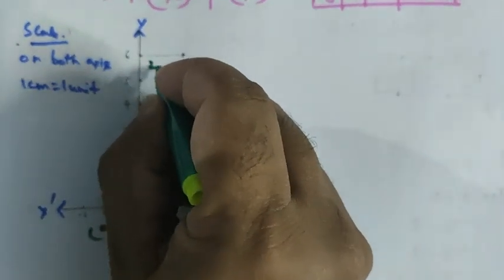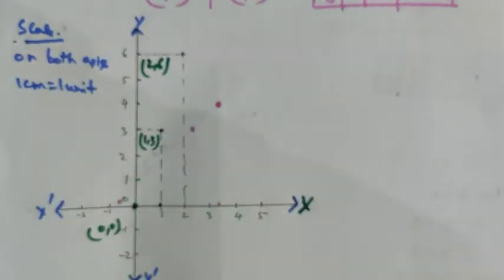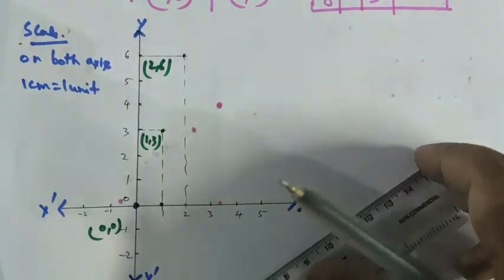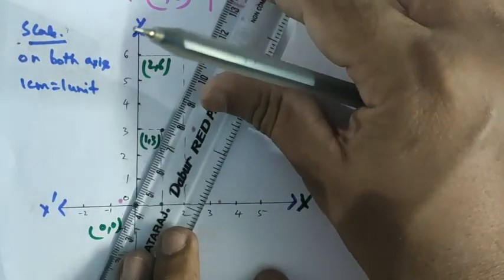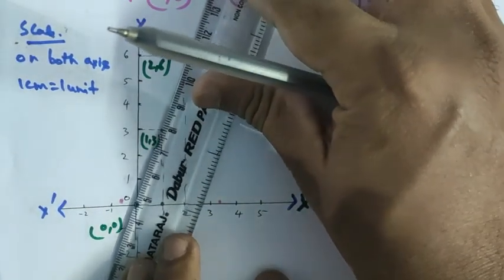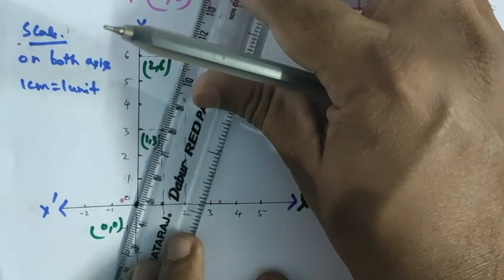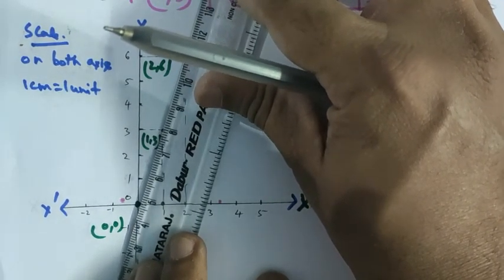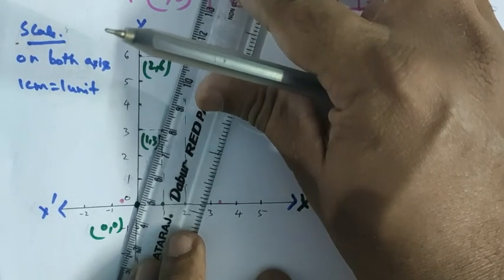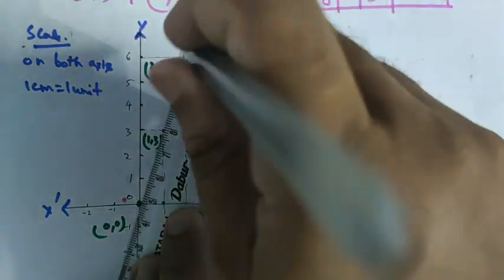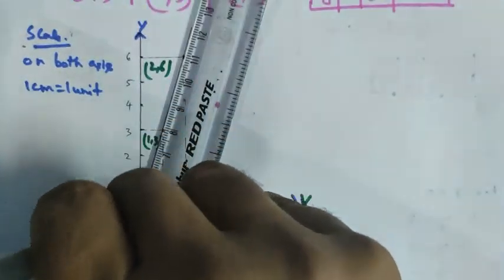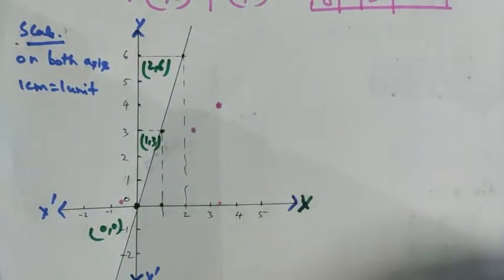Okay, now if we draw a line, is the line passing through all the 3 points or not? Yes, it is passing through all the 3 points. Okay, that means our plots are correct.